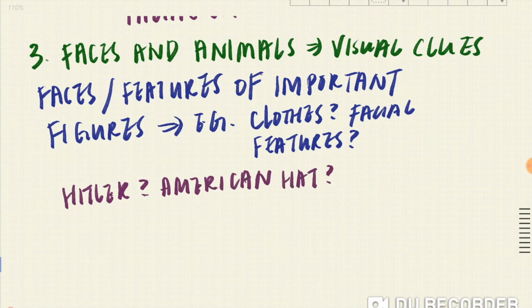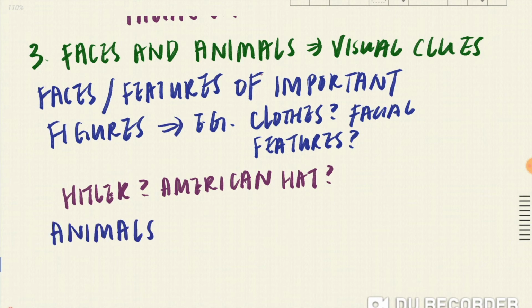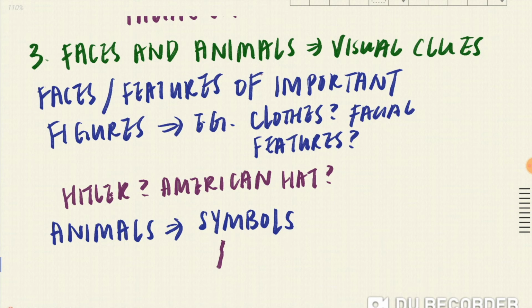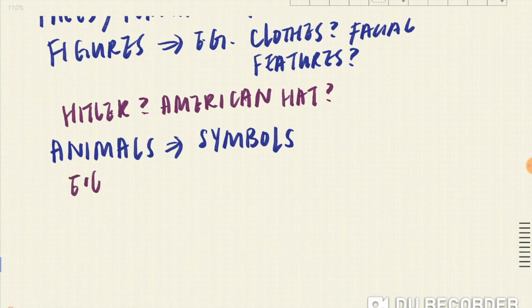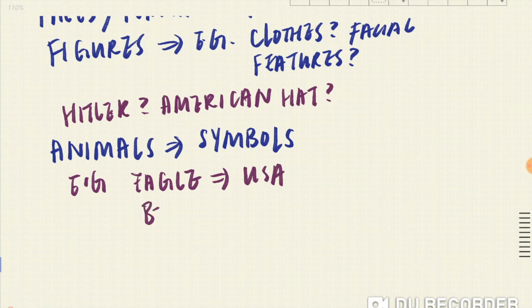As for animals, often we will see certain animals fixed as symbols of different countries. For example, when we see an eagle, it usually refers to the United States of America, whereas bears usually refer to Russia.